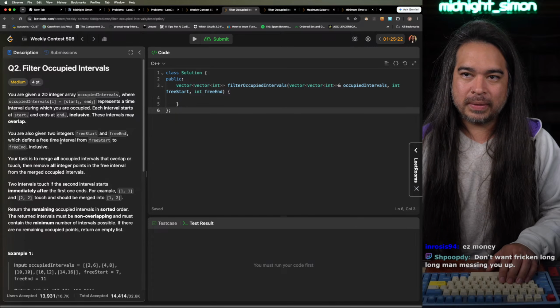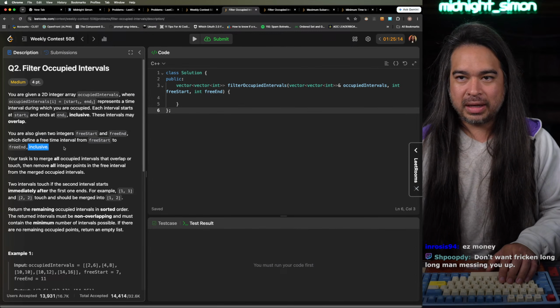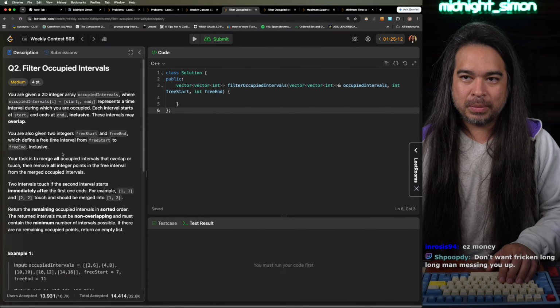You are also given 2 integers, free start and free end, which define a free time interval from free start to free end, inclusive. Your task is to merge all occupied intervals that overlap or touch, then remove all integer points in the free interval from the merged occupied intervals.